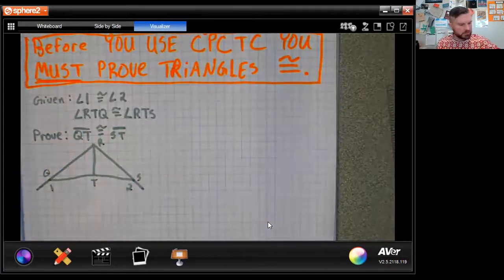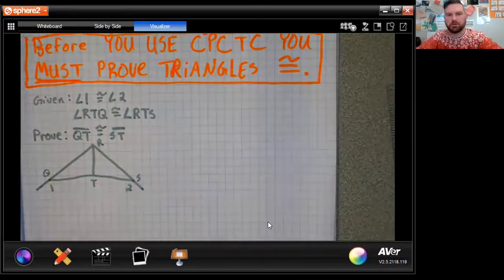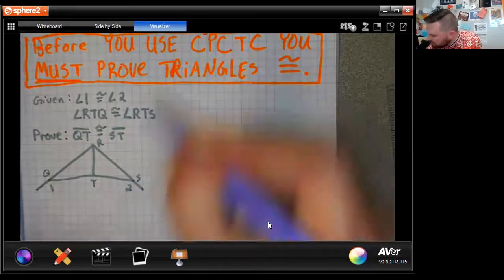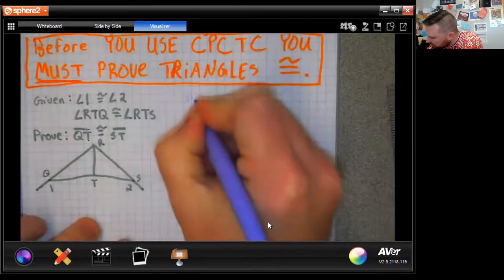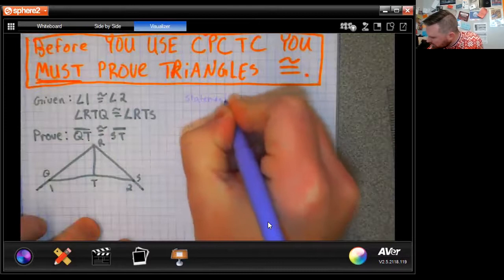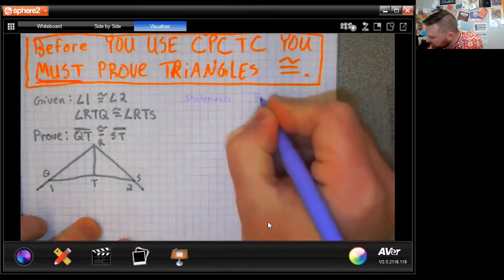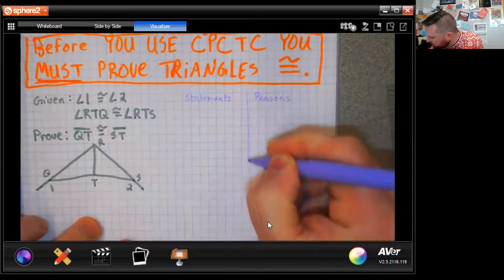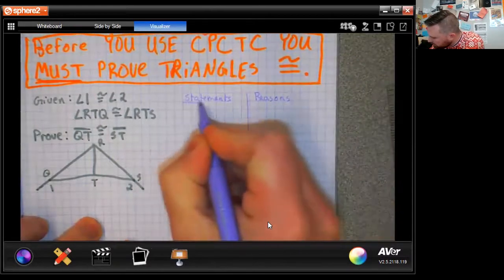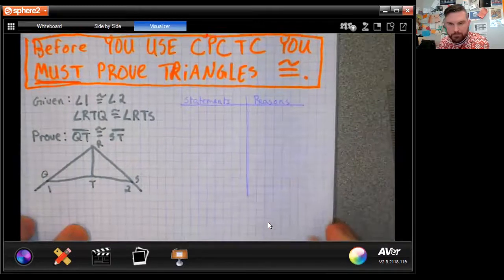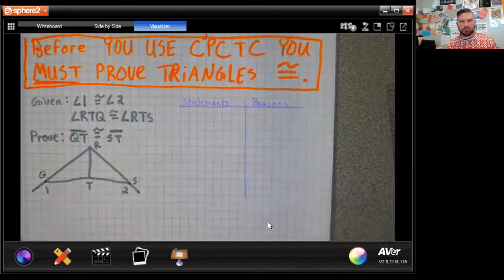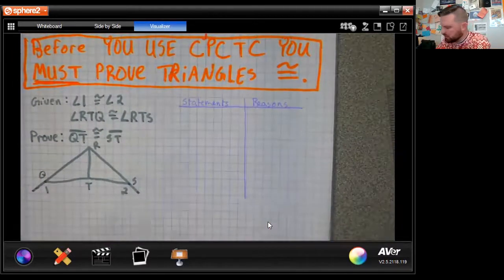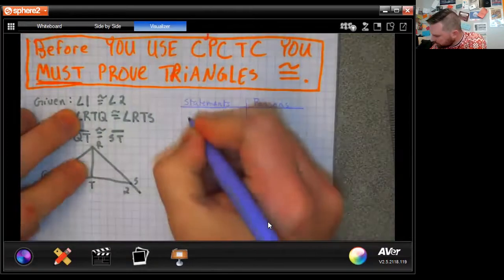Okay, so we're going to set up our statements and reasons proof here. So we have statements and reasons. Our first statement is what is written for the given, always.